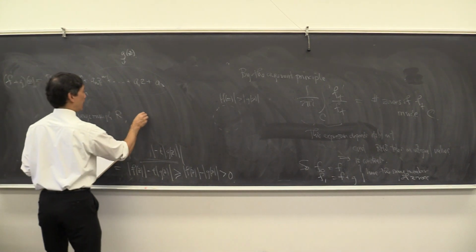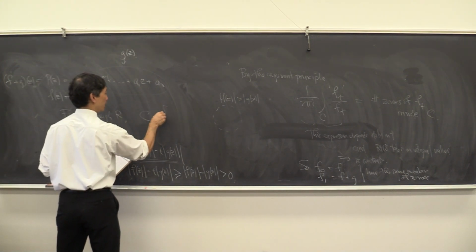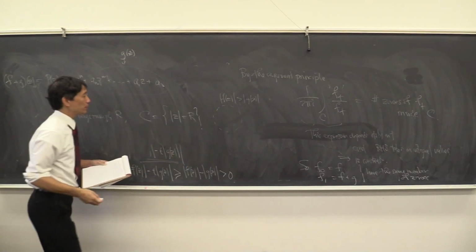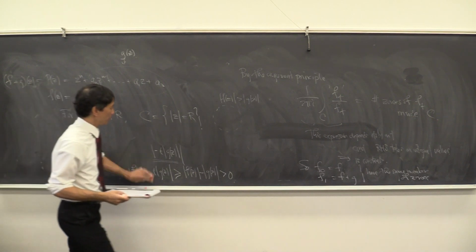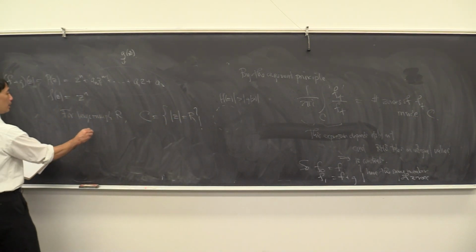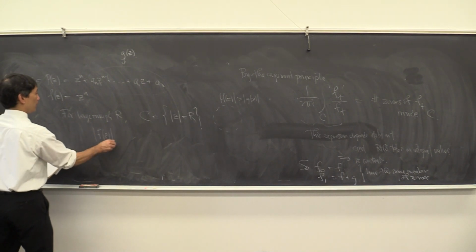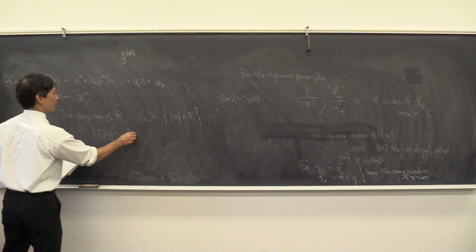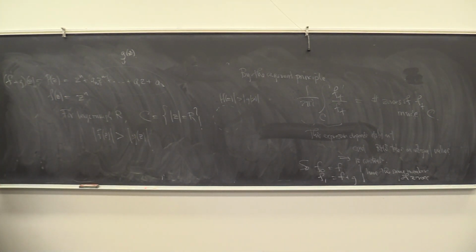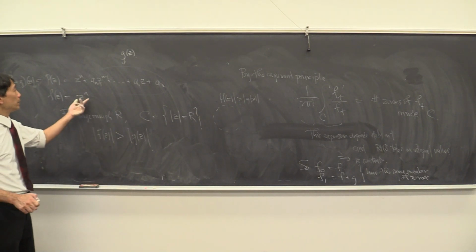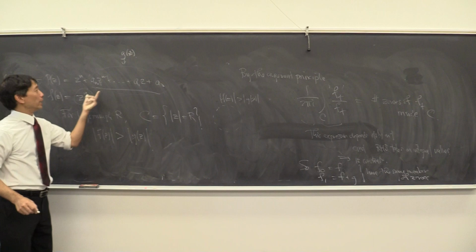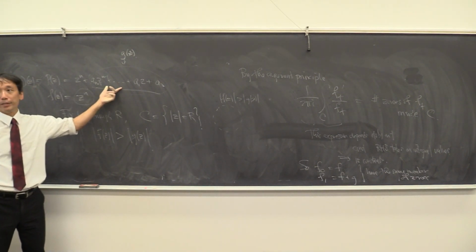So for large enough R, if we let C be just the boundary of the disk of radius R, we know that the absolute value of f is going to be strictly bigger than the absolute value of g, because z to the n is going to increase faster than that.